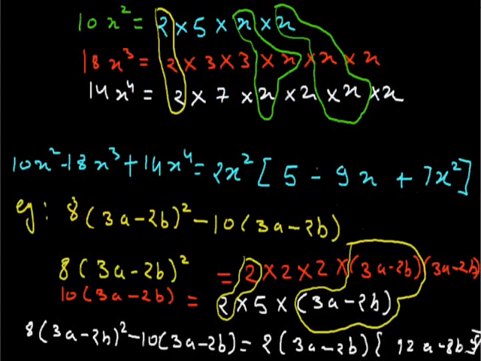Thus the factors of 8(3a minus 2b) whole square minus 10(3a minus 2b) are 2(3a minus 2b) and (12a minus 8b minus 5).